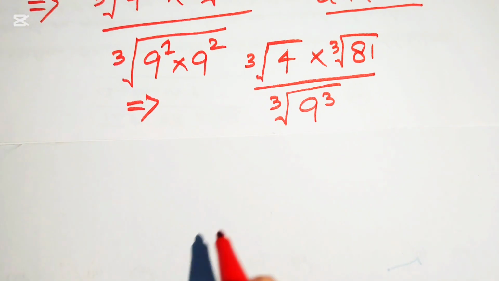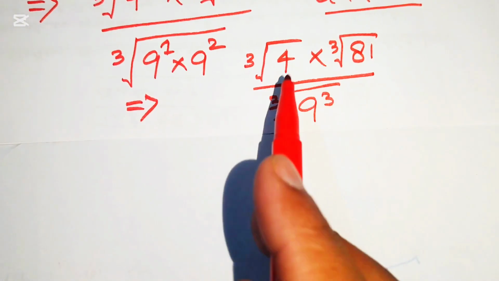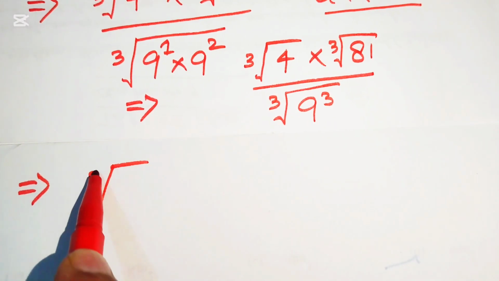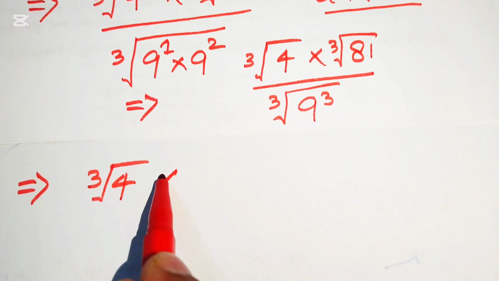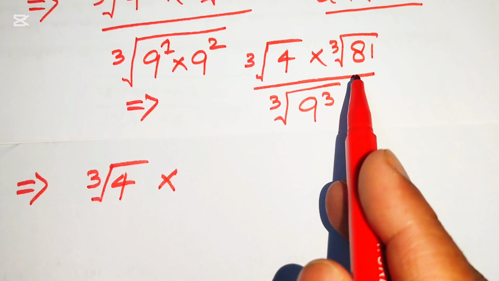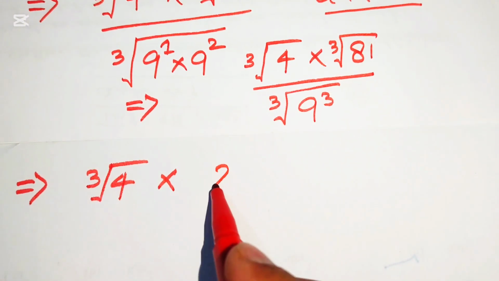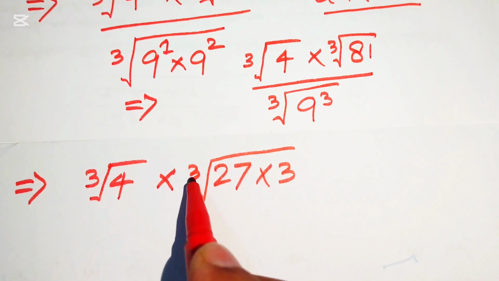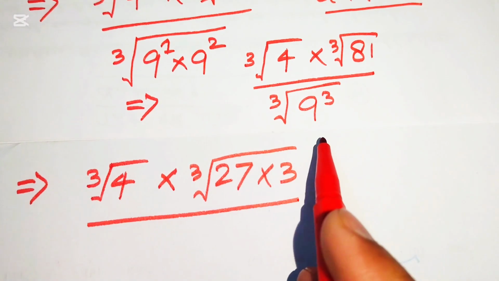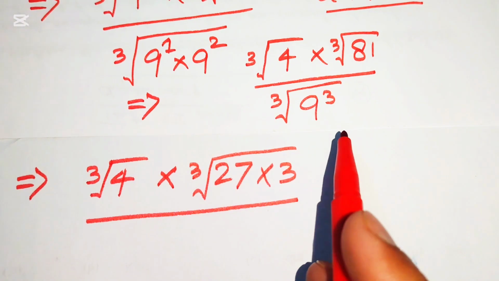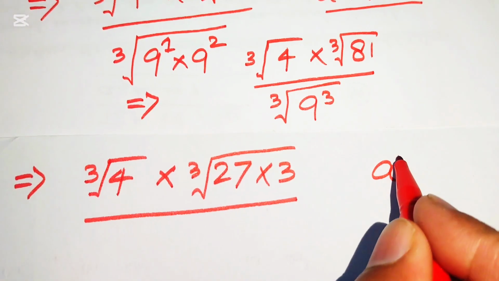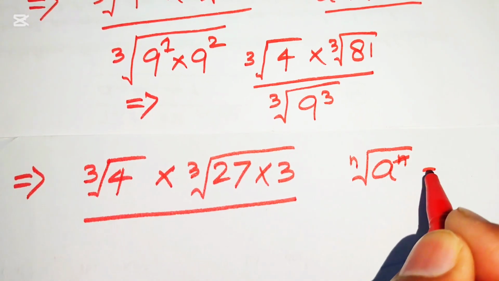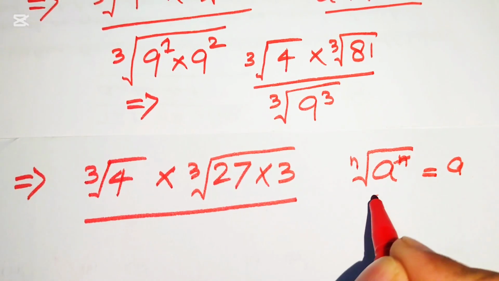After this step, we rewrite this expression as the cube root of 4 multiplied by the cube root of 81, and we write this 81 as 27 times 3, divided by, using another nice property of the cube root: if you have a to the power of n and its nth root, the n and the nth root cancel each other and you get a again.